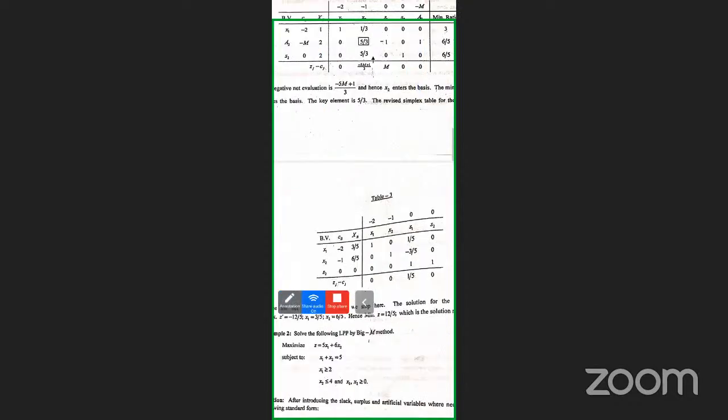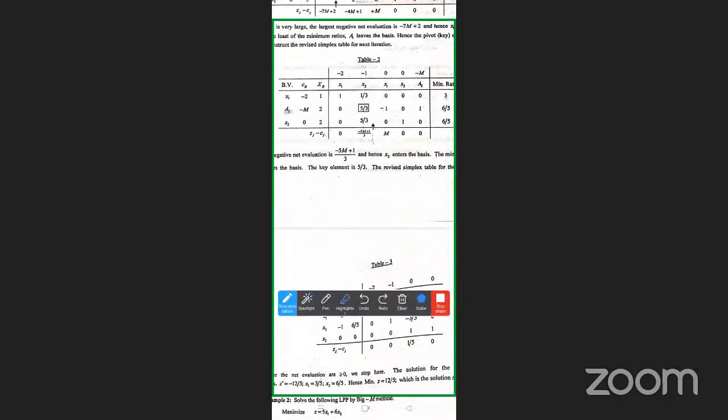Eliminating the artificial variable, this is the remaining matrix: x1, x2, s1, s2. Basic variables x1, x2, s2. Here A2 is replaced by the incoming vector x2.